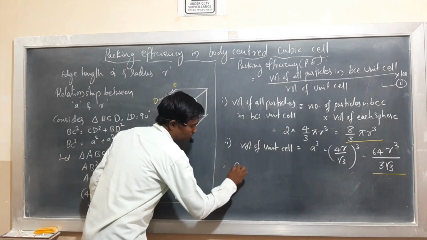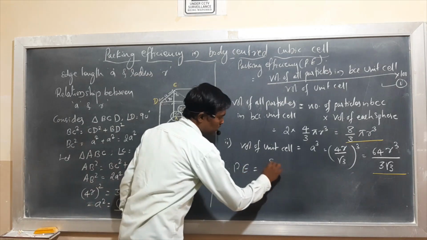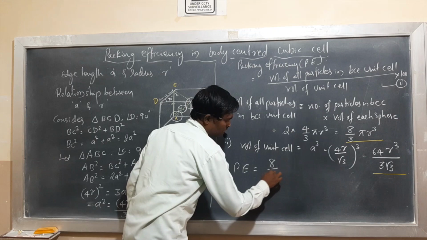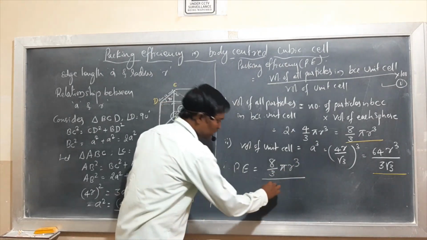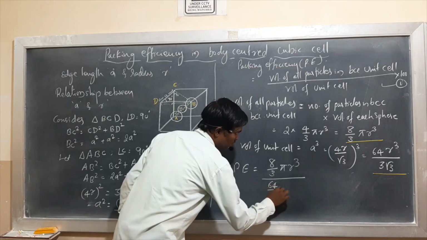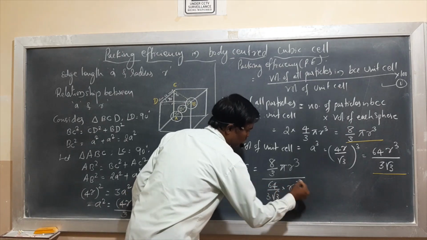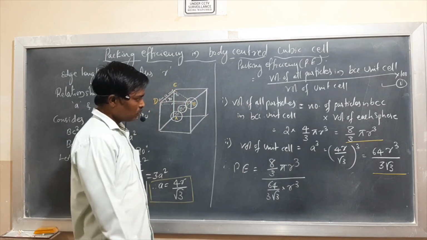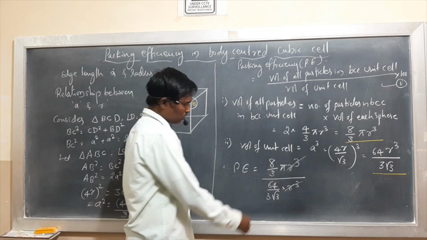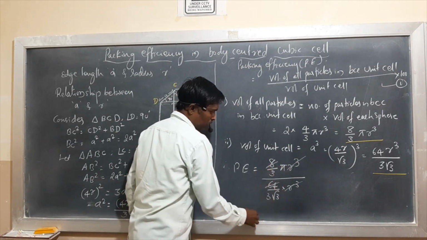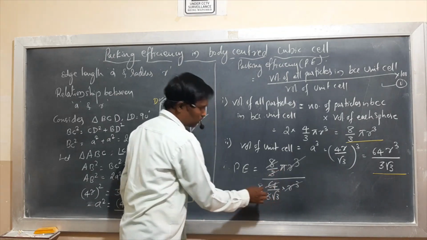Therefore, packing efficiency is equal to 8 by 3 pi r cube divided by 64 by 3 root 3 r cube. Let me cancel the r cube terms here.